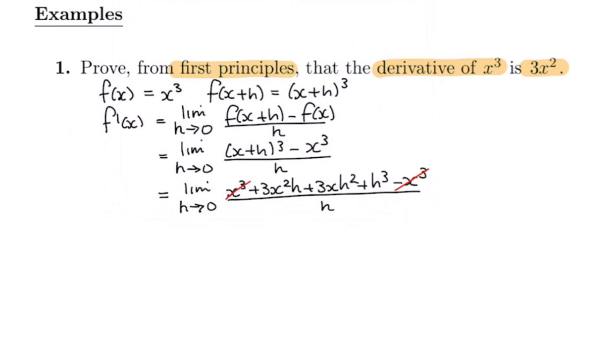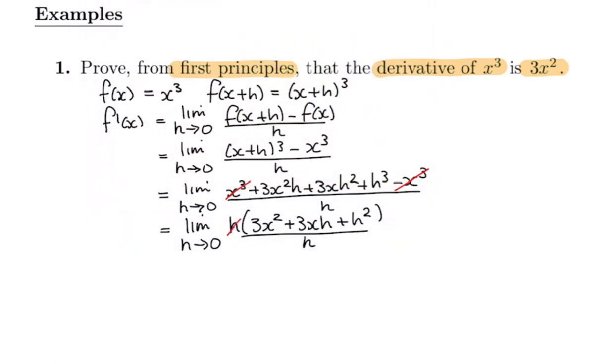And for the next line, I'm going to pull out h as a common factor from the numerator. So we've got the limit as h tends to 0, pulling out h as a common factor, so I get 3x squared plus 3x h plus h squared all over h.